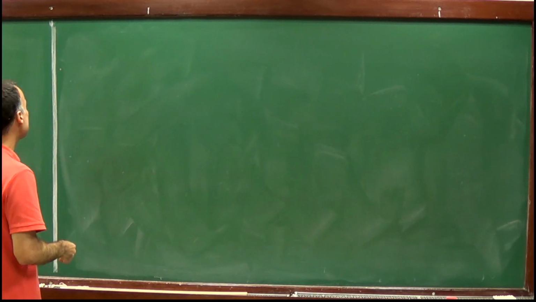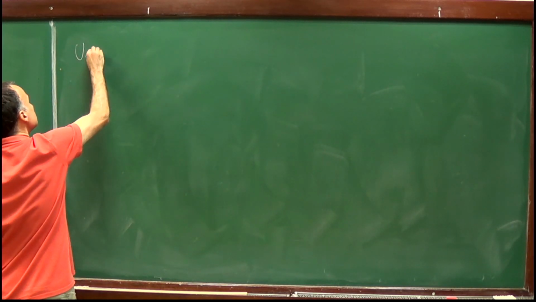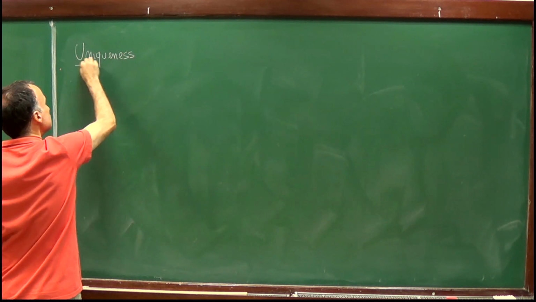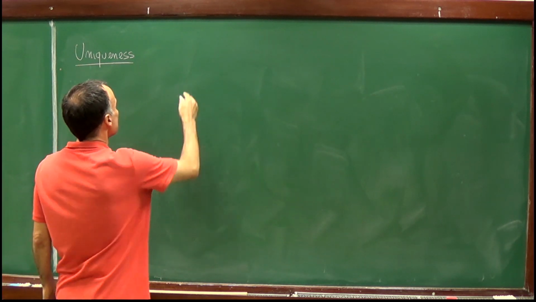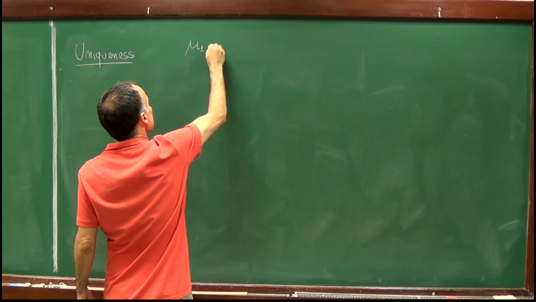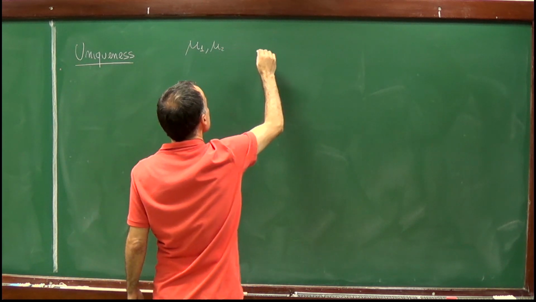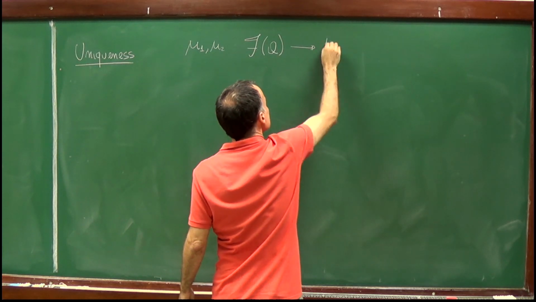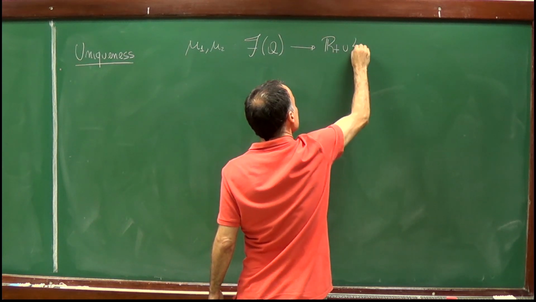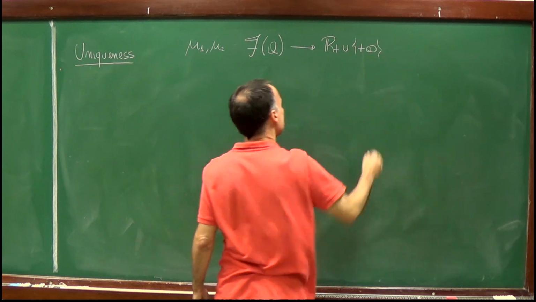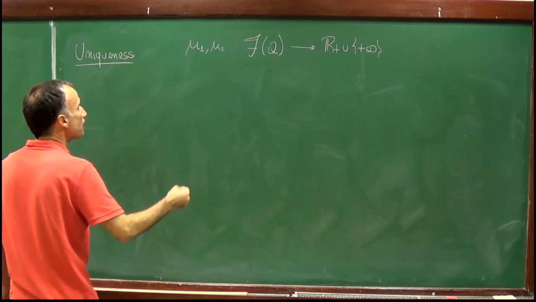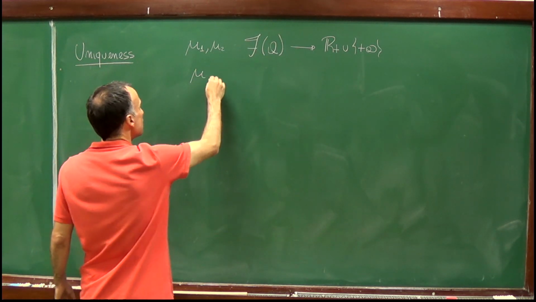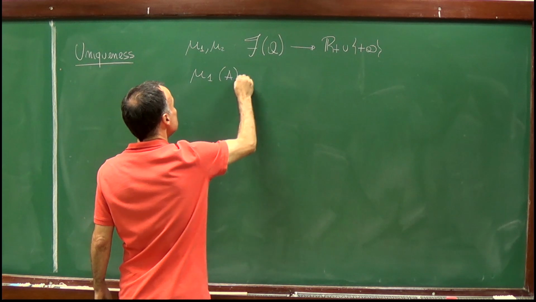So let's prove uniqueness. So we have two measures, mu1 and mu2, defined on a sigma algebra generated by an algebra. And these two functions coincide on the algebra.